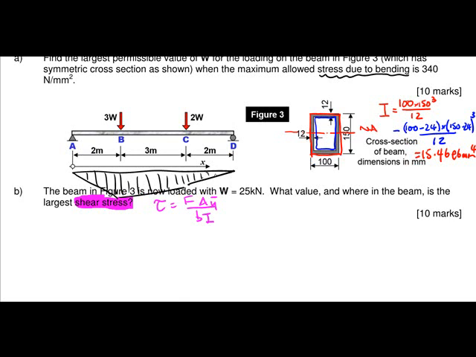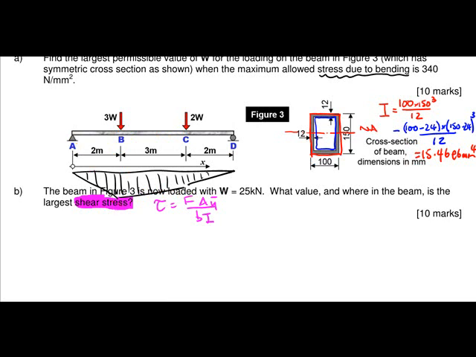You don't have to set up the bending moment equation and differentiate to find the largest values, because the bending moment is made of 3 straight lines. So you know where the maximum will be. It will either be at B or at C. Since the load is bigger here, the bending moment is bigger there, because the reaction is bigger there.